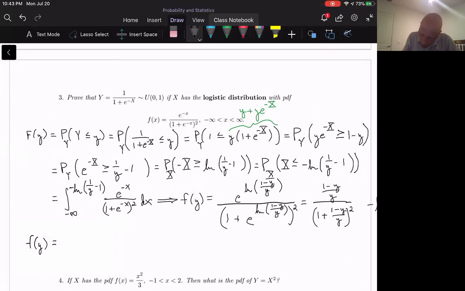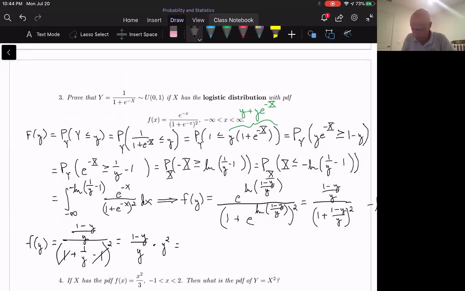So we've got 1 minus y over y on top, 1 plus 1 over y minus 1 on bottom. And this is going to give us 1 minus y over y times a 1 over y squared, which when you multiply by the reciprocal is y squared. And we have one of the y's canceling out. And so we get y minus y squared.